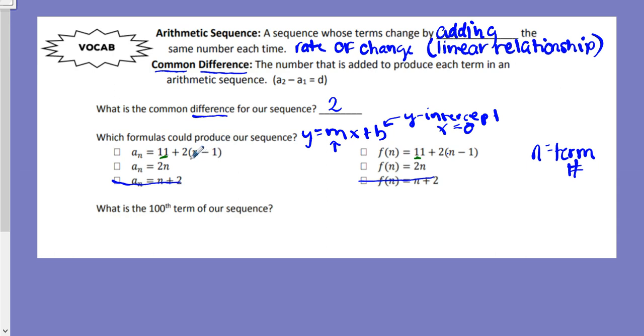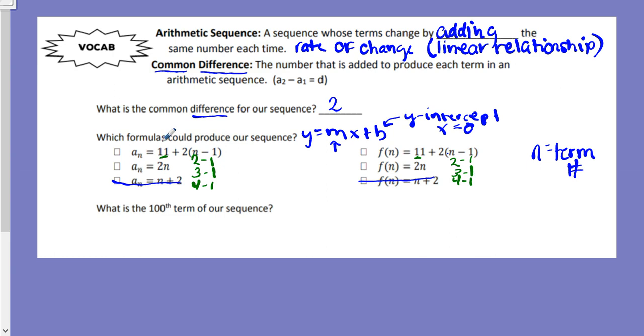So for instance, to get to my second term, I'm doing it 1 time, 2 minus 1. To get to my third term, I'm adding it 2 times, so 3 minus 1. To get to my fourth term, I'm adding it 3 times.